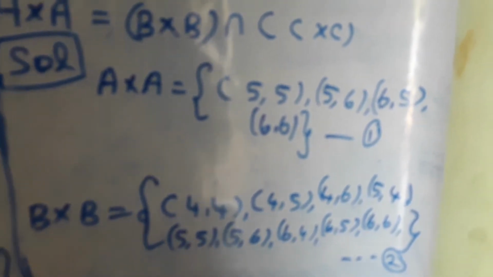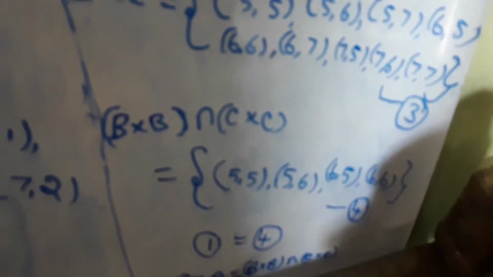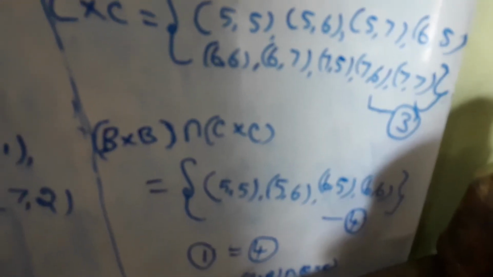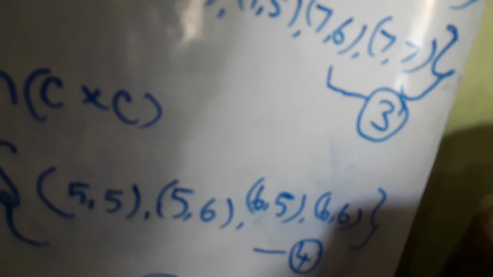Now we have to find B cross B intersection C cross C. The common elements should be in both B cross B and C cross C. That is (5, 5), which is in both B cross B and C cross C. (5, 6) is in both. (6, 5) is also in both sets.